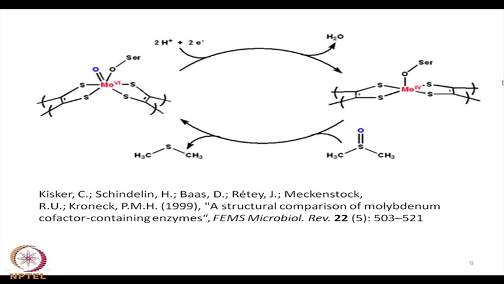So, when we reduce the system, that means from molybdenum +6 to molybdenum +4, you are supplying electron, and you can do this also electrochemically. Suppose you do cyclic voltammetry on this particular molecule. Here you are going for a chemical reduction, but electrochemical reduction is also possible, supplying 2 electrons.